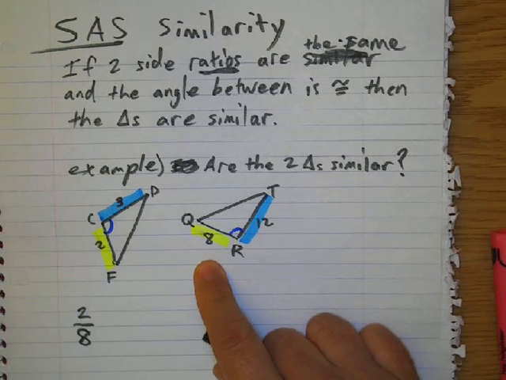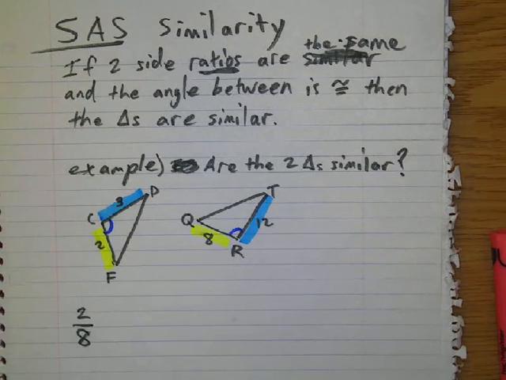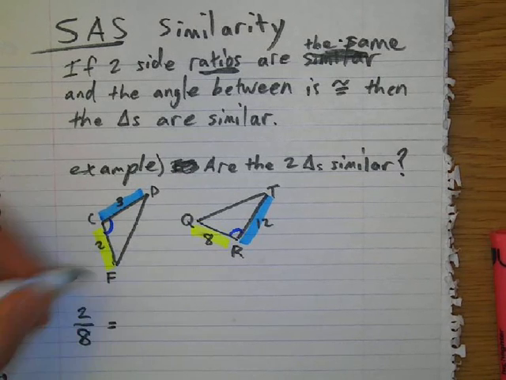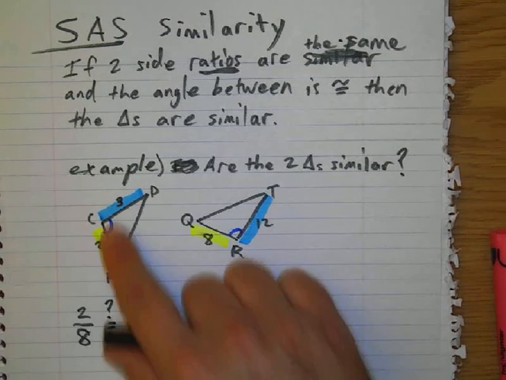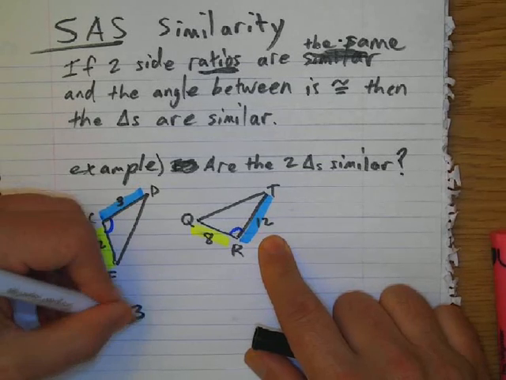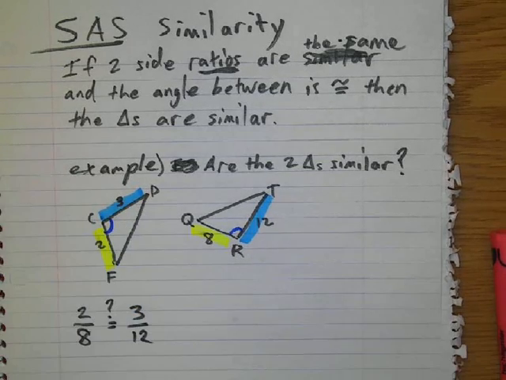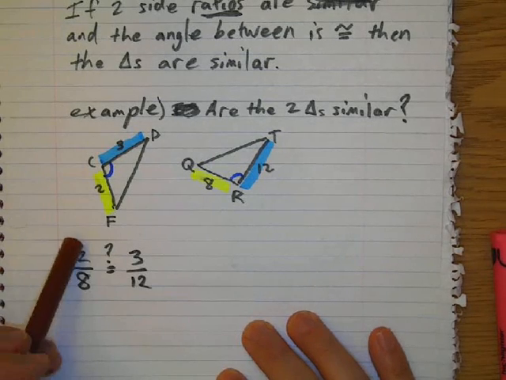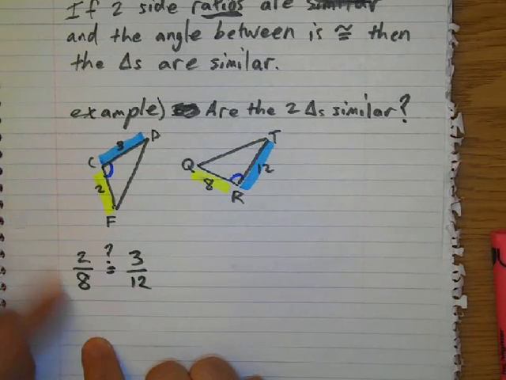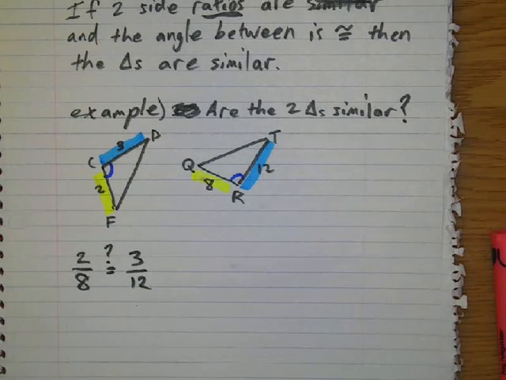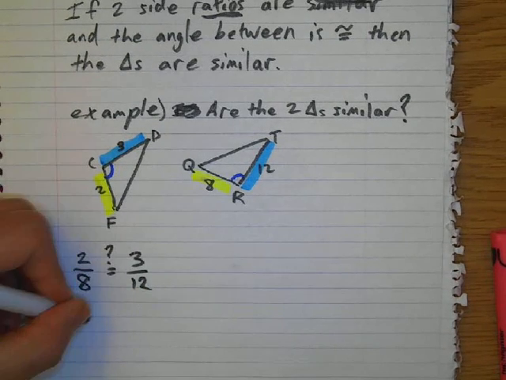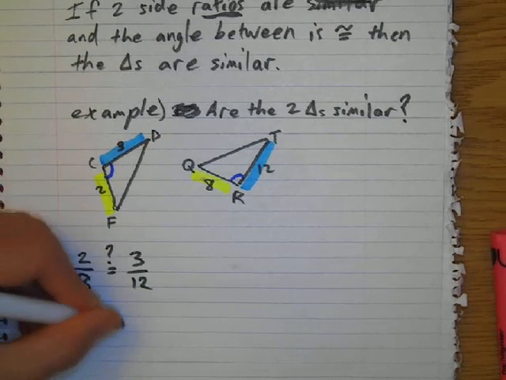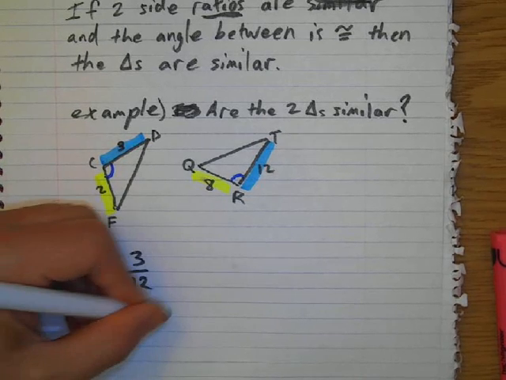Okay. And then, is that equal to the ratio of 3 over 12? Well, let's see. Now you should already be able to notice this is 1/4 and this is 1/4, but if you didn't recognize that, I could have said 2 times 12 equals 3 times 8.